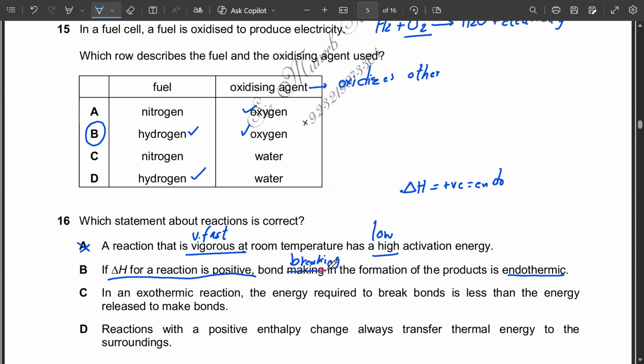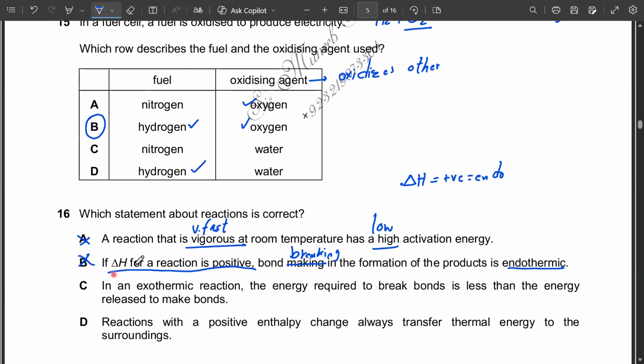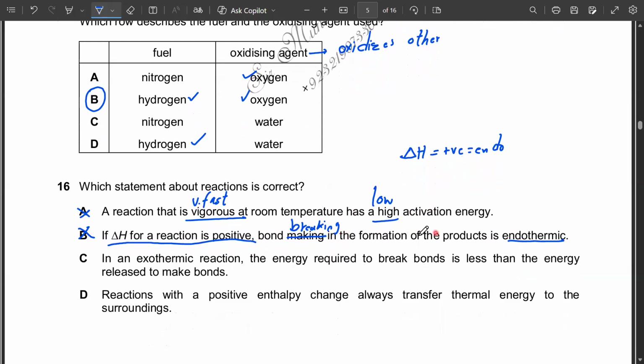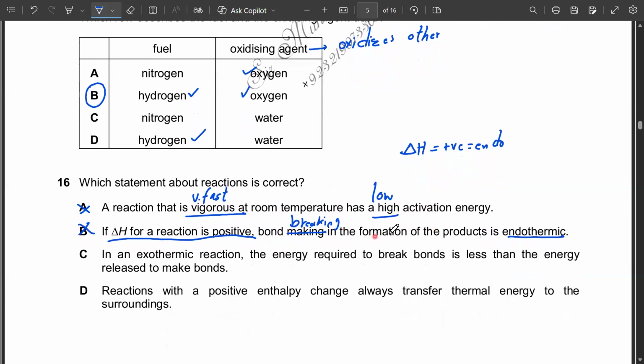That's why B is incorrect. And it should be bond breaking in the reactants, not in the products. That will give you the correct relation of endothermic.